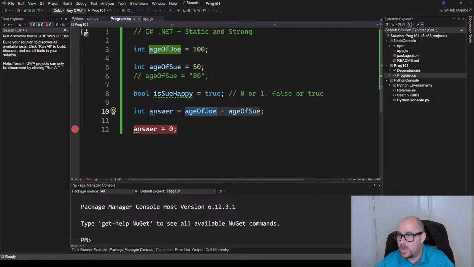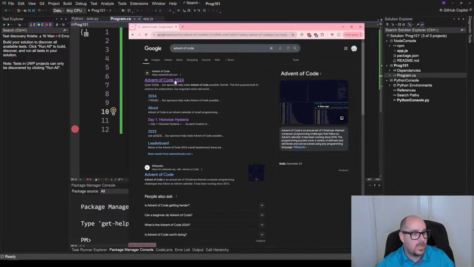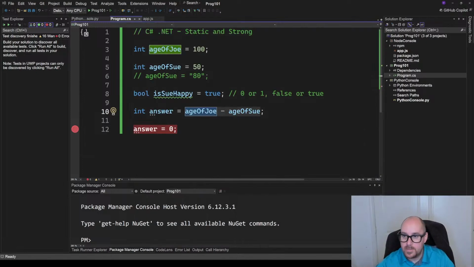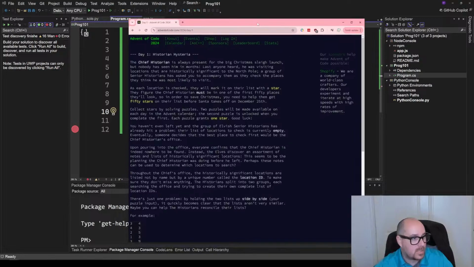You can do things also like Advent of Code. Look for Advent of Code, adventofcode.com, and you can do these programming challenges. Let me go to here. Maybe I'm not logged in or something.